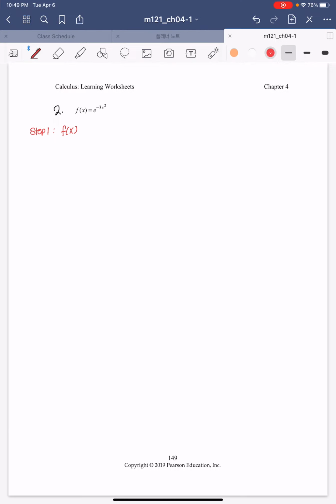So part A, let's begin with our domain. You can think of this as e to the negative 3x squared or 1 over e to the 3x squared. Either one is fine. Now for the domain, we do not have to worry about any x value.